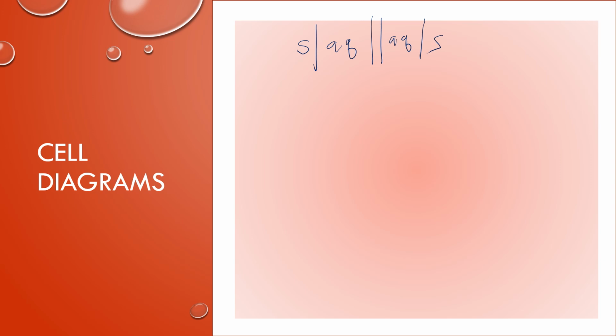And so effectively you have your reactants and products of your anode half reaction on the left, and then your reactants and products of your cathode reaction on the right.